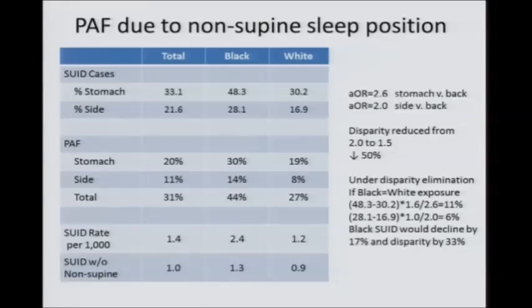So we can calculate the PAF, which is taking that measure of association, 2.6 minus 1 over 2.6, which is 61.5%, and multiply that by the proportion of cases exposed. And we can do the same thing with side versus back. So what would you be multiplying that by?